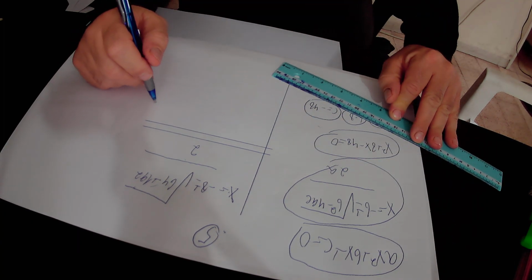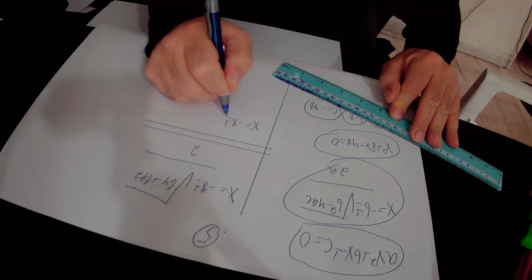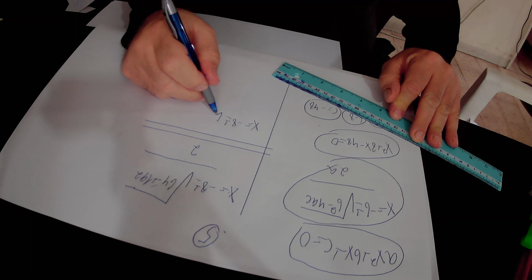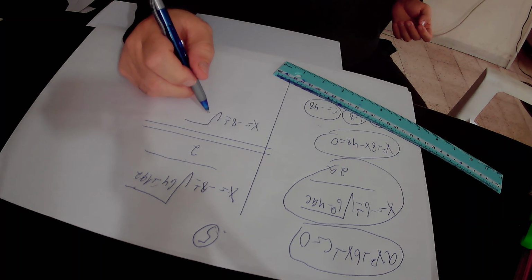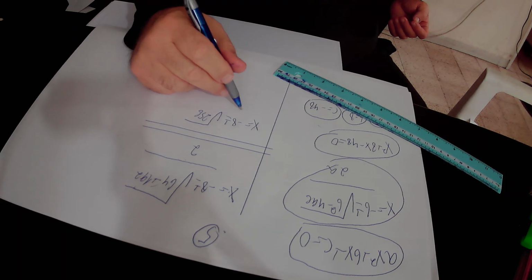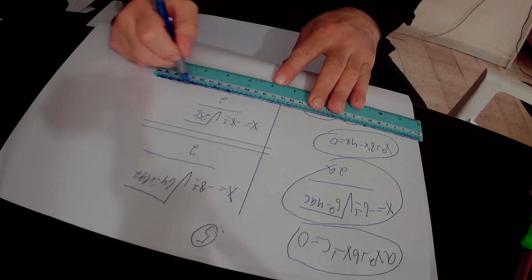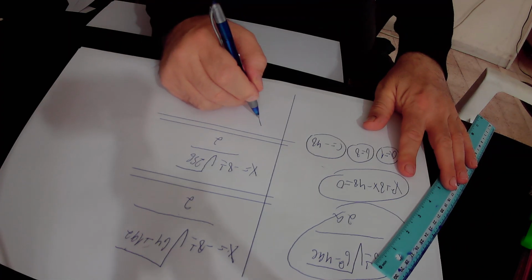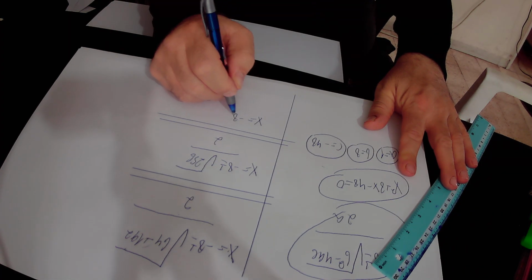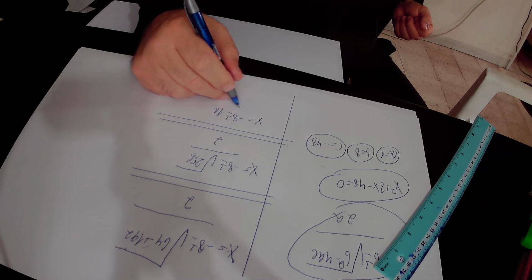So actually we found out that x equals minus 8 plus minus, and inside the root we have 64 plus 192, which is 256, so we are left only with 256 inside the root, divided by 2. So x equals minus 8 plus minus, and the square root of 256 is 16, over 2.